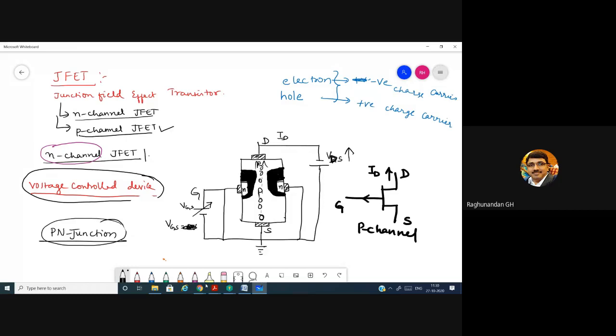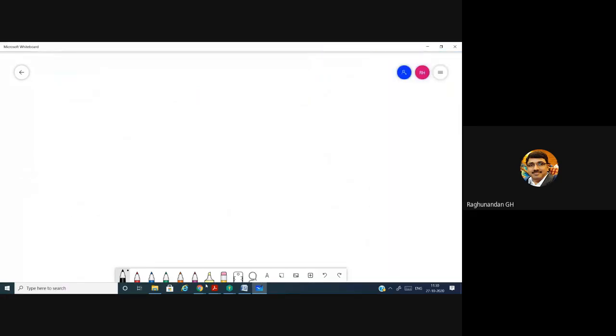So after this, the next part is the characteristics of the JFET. What are the characteristics of the JFET? They'll be asking. In the characteristics of JFET, three things come into picture, but only two things we'll be considering.